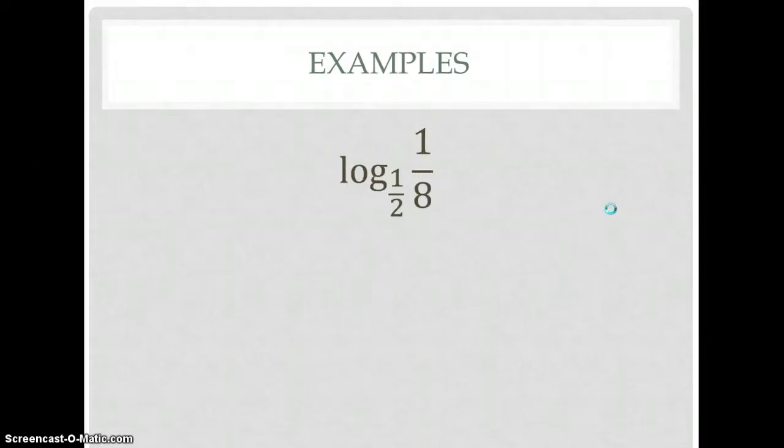Okay, so how can we make this a little bit harder? Same question being asked: we want to know what it's equal to. We're just asking, what power do we raise the base to? So with base 1/2, what power would I use to get to 1/8?